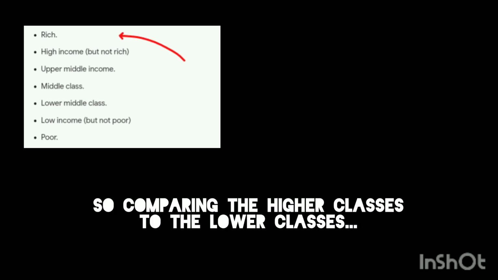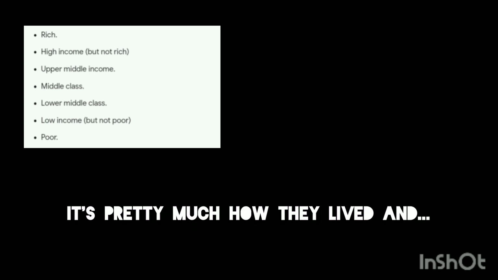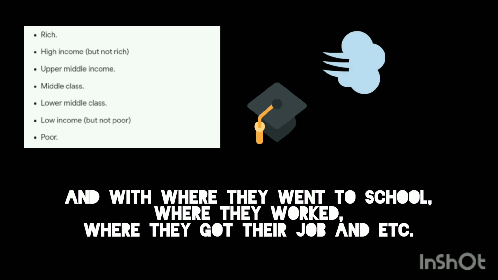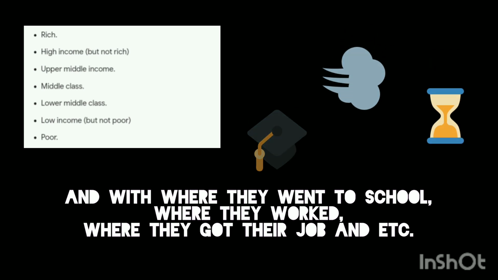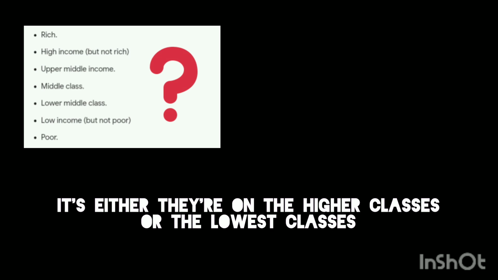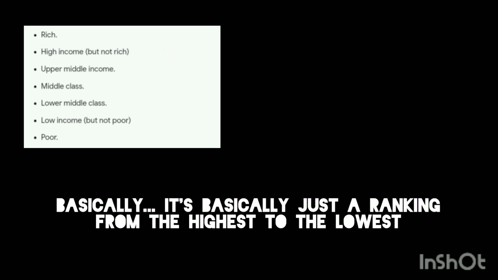So comparing the higher class to the lower class, it's pretty much how they lived, where they went to school, where they worked, and where they got their job, etc. It's just how they lived their lifetime and where they would be right now in their position. They're either in the higher classes or the lower classes. Basically, it's just ranking from the highest to the lowest. So, yeah.